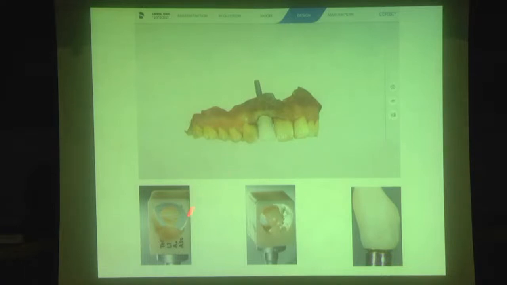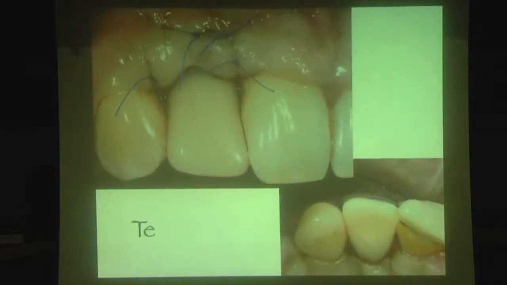And we have the machine, we have some cubes, and put it in the milling machine, and after 16 minutes, everything is over for 1 crown. Then we finalize the temporary and send the patient.